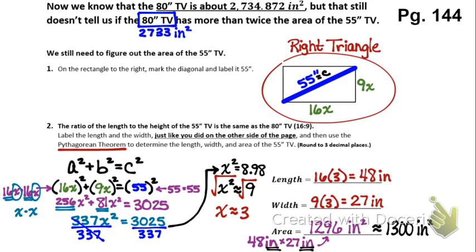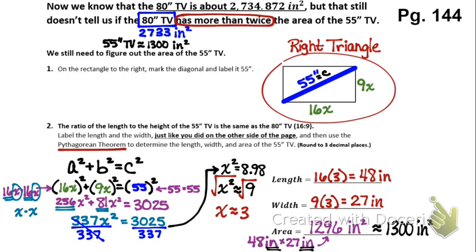And a 55-inch TV is what again? 1,296. Yep. Right about 1,300 inches squared. What was the claim? That the 80-inch TV has more than twice the area of the 55-inch TV.